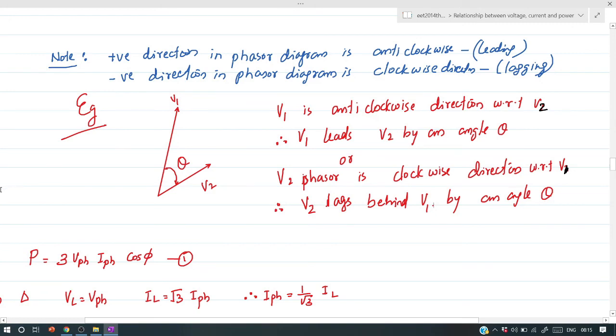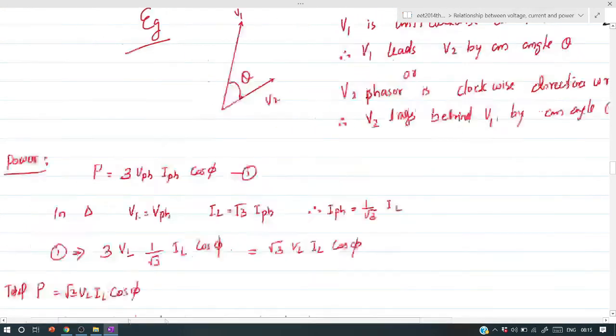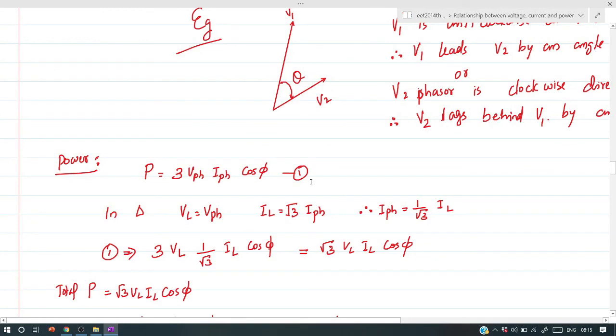In the case of a three-phase system, power is 3 VPH IPH cos phi. Let it be equation number 1. In a delta connected system, we have seen that VL is equal to V phase and IL is equal to root 3 IPH. From here, IPH is equal to IL by root 3.